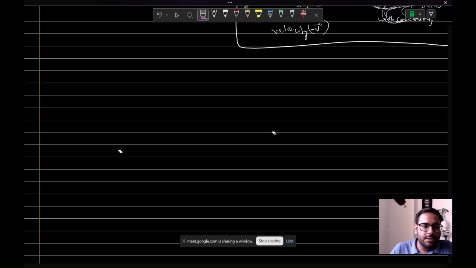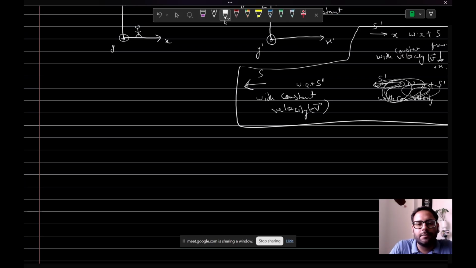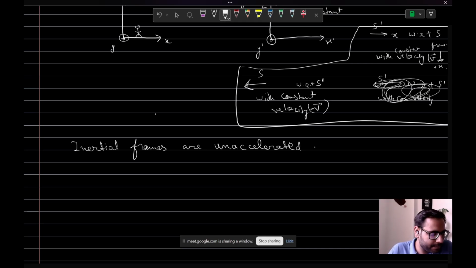So inertial frames are unaccelerated frames. Why? Because no force is acting on them, for example gravity.